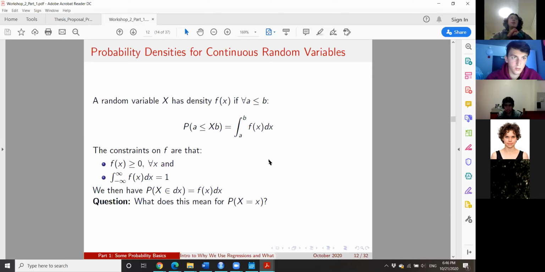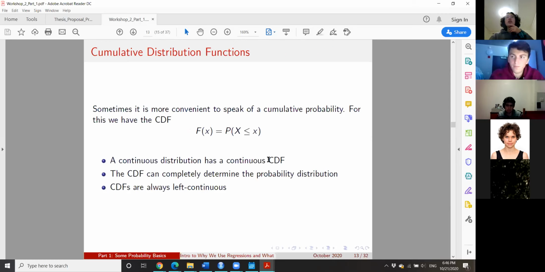Like the probability that somebody is exactly 6 feet tall is 0, but of course we know there are people who are, well, maybe we don't know they're exactly 6 feet tall because of measurement error or whatever.